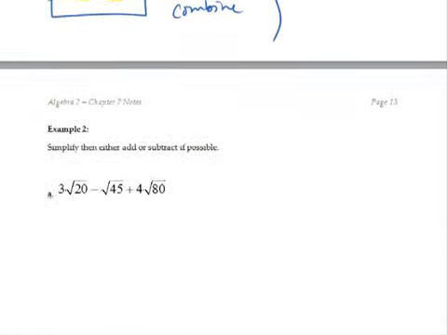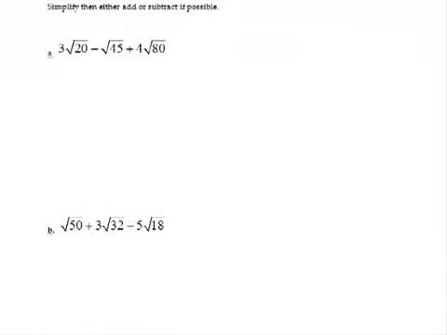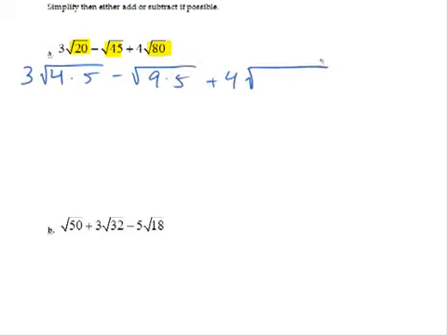The last 2 examples for this lesson are examples where, again, they start off looking very different. So square root 20, square root 25, square root 80. Make sure that you break these up for me, please. So you have 3, and 20 breaks up into 4 times 5, minus 9 times 5, plus 4. 80 will break up into 16 root 5. We'll go ahead and we'll pull out our perfect squares.